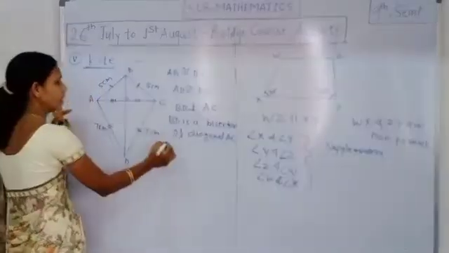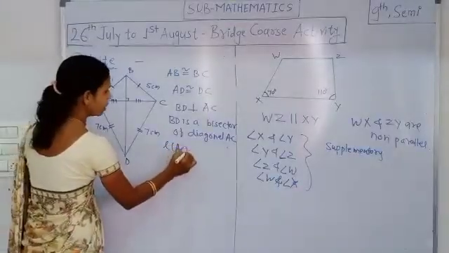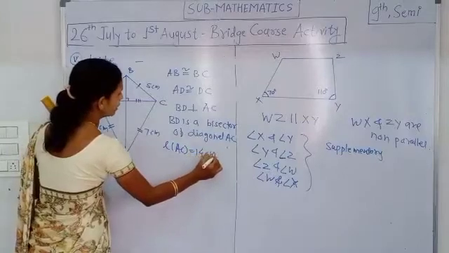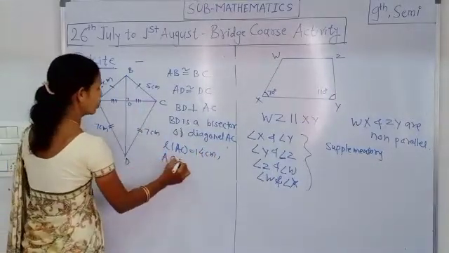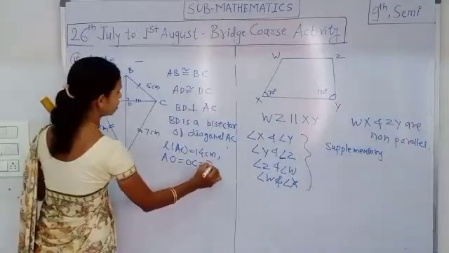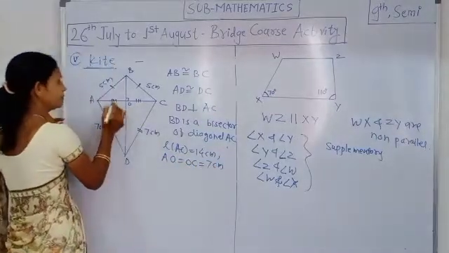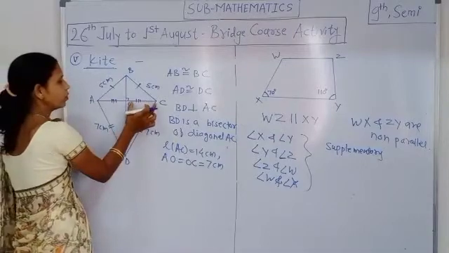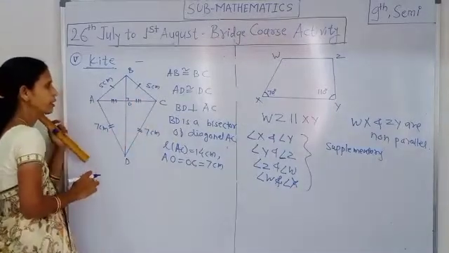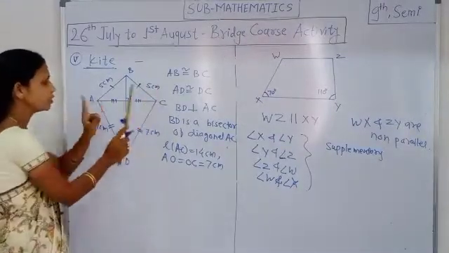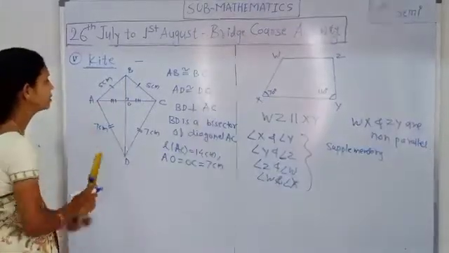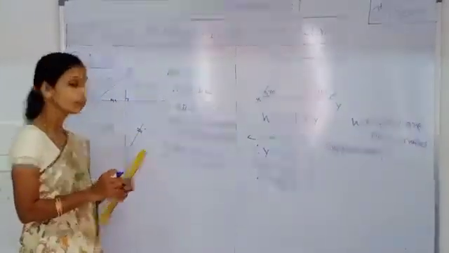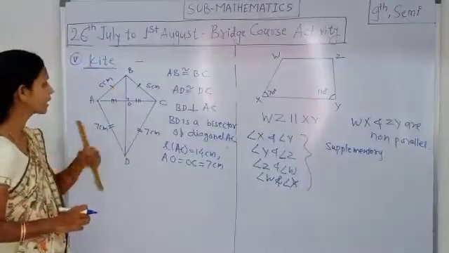If the length of AC is 14 cm, then AO equals OC equals 7 centimeter. But AC is not the bisector of BD. Those are the properties related to the kite.